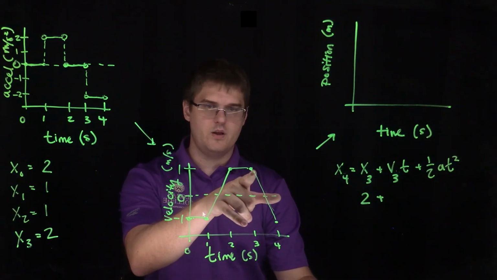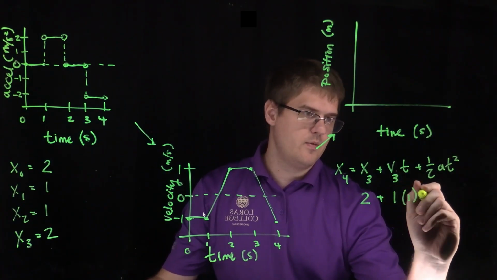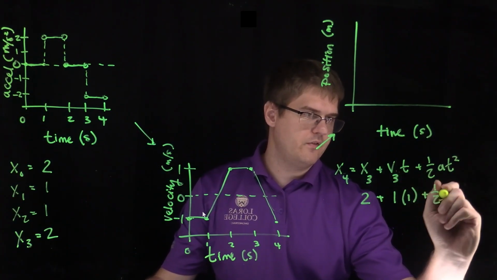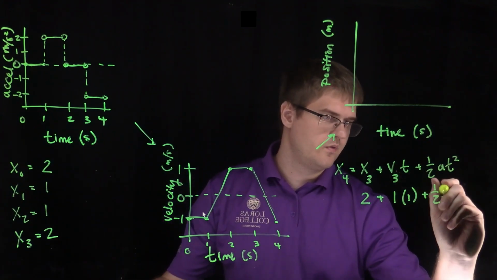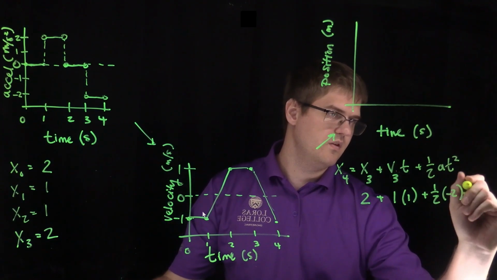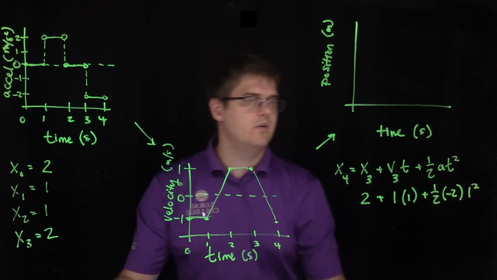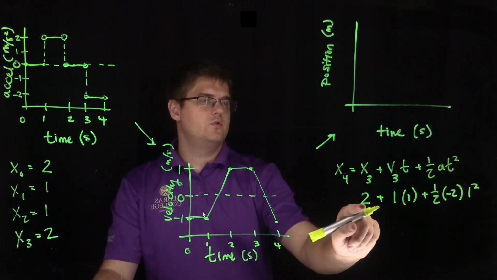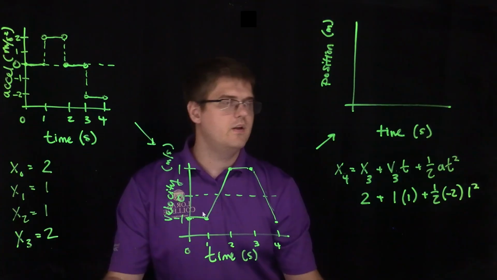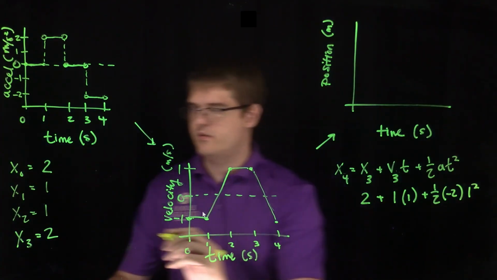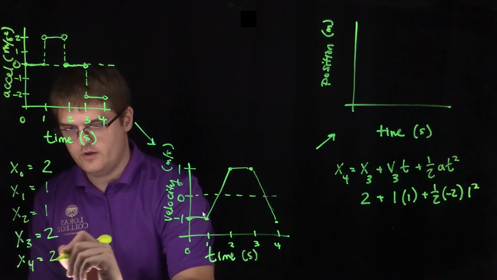Velocity at time 3 is 1 times 1, plus 1/2 times my acceleration, which is -2, times 1 squared. So 2 plus 1 times 1 is 1. 1/2 times -2 is -1. So x4 is still equal to 2.